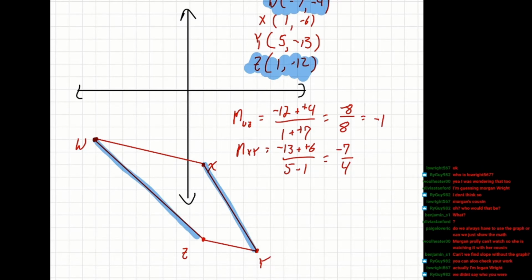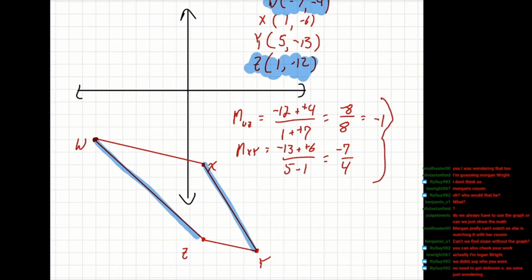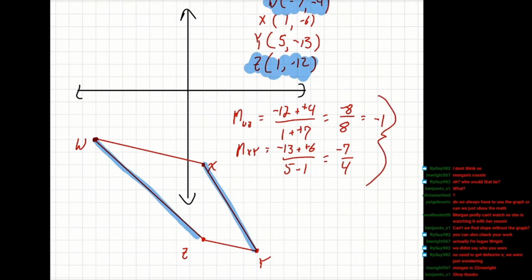That doesn't actually reduce to anything. Then we're going to bracket this off. And kind of like we were doing yesterday, we wrote either not congruent or not parallel. We wrote congruent or parallel. Now we're going to write not parallel.